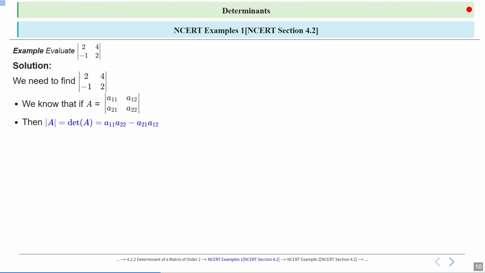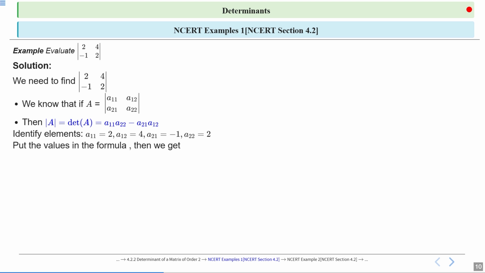We know that if A is equal to A11, A12, A21, A22, then determinant of A is A11 into A22 minus A21 into A12. Here A11 is 2, A12 is 4, A21 is minus 1 and A22 is 2.